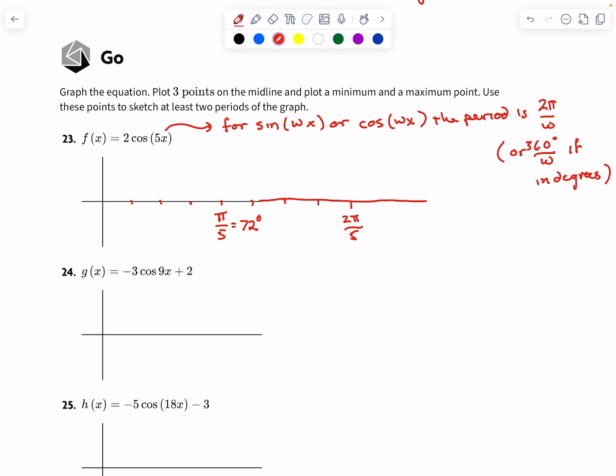Okay, for cosine, start out at its maximum height. We know the amplitude is 2. So it gets up to a height of 2, down to a height of -2. I always draw those in, and it starts out at its maximum height.